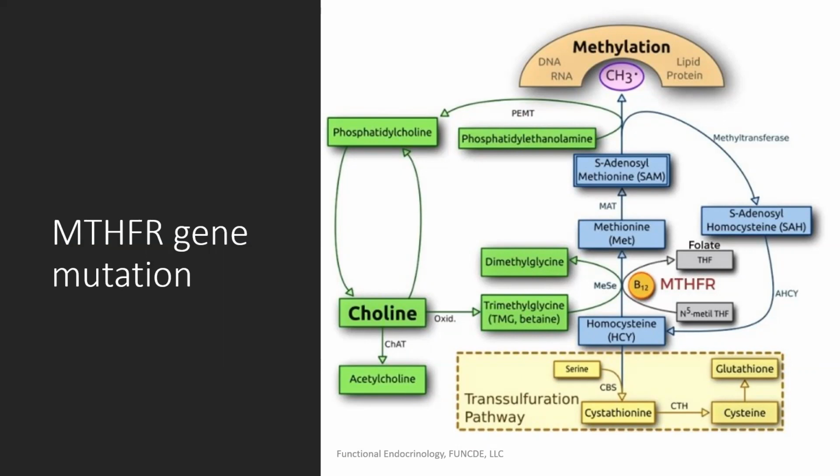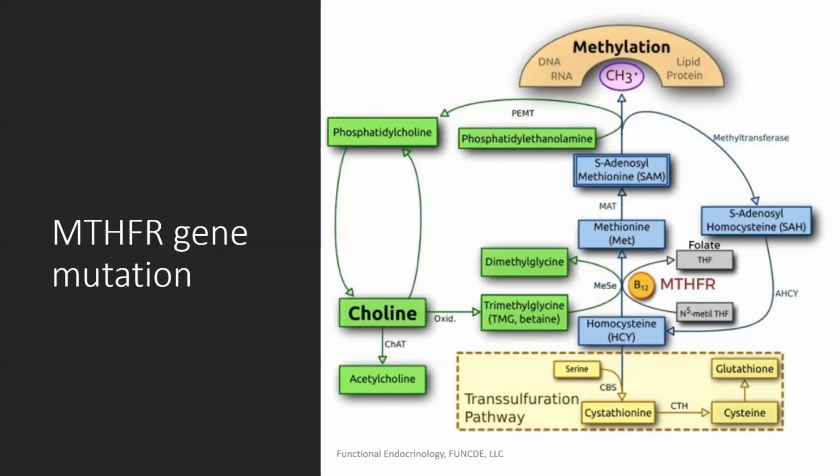This particular picture here shows us how homocysteine gets converted into methionine or cystathionine, and so on and so forth. And elevation of homocysteine is frequently hallmark of MTHFR gene mutation, because there is not enough conversion of homocysteine into methionine.